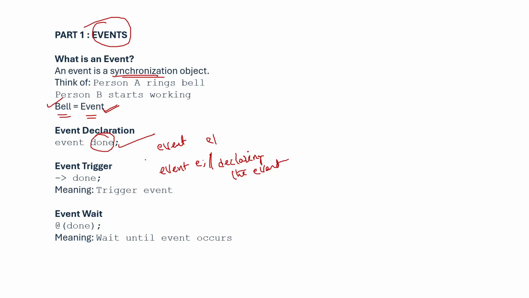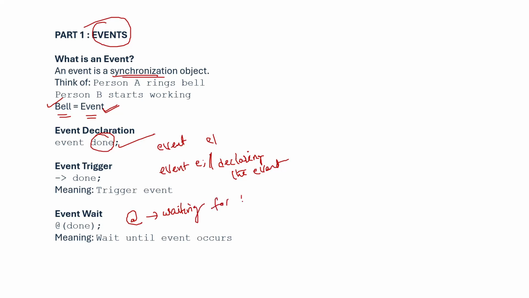Here, these events happen in four ways: triggering the event and waiting for the event. The waiting is of two types. At the rate event done, the at the rate is related to waiting for the event.